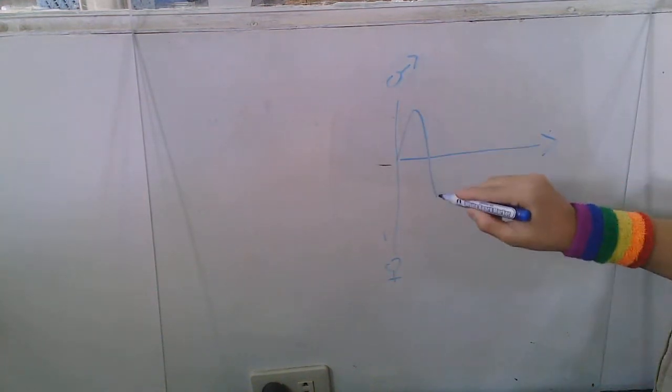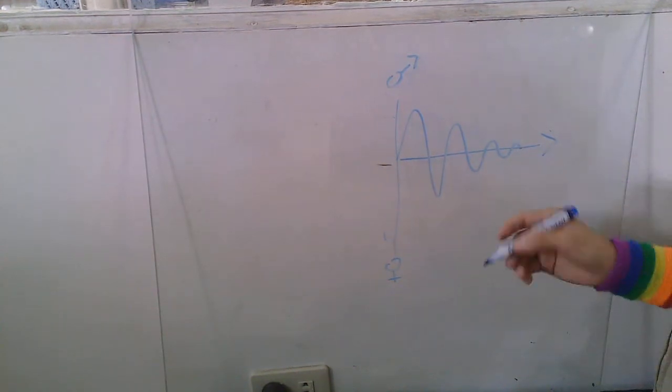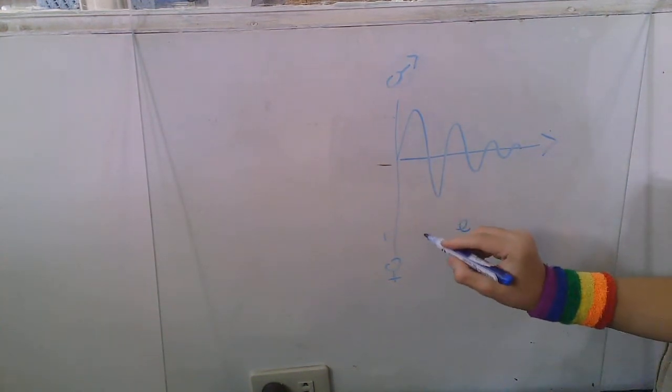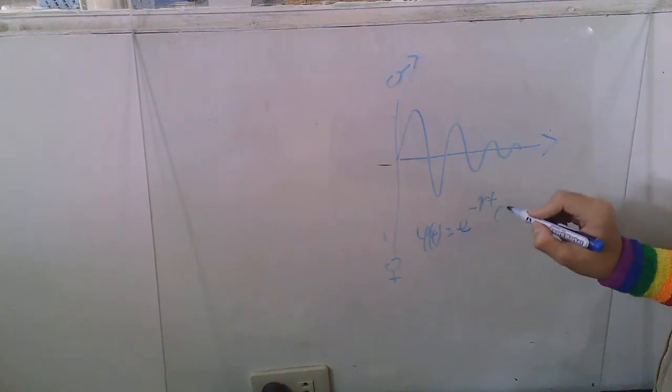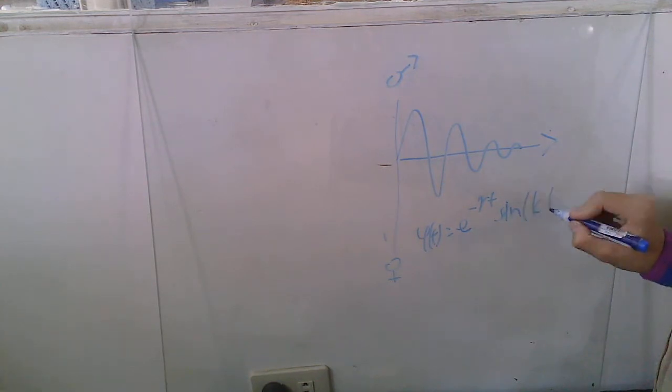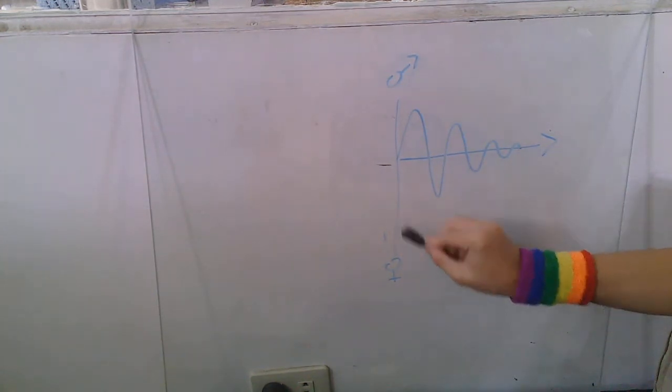So it goes like this, smaller, smaller, smaller. And this is described by the function v of t equals e to the negative gamma t sine kt. Smaller and smaller, but moving past the actual solution to the equation that I haven't even discussed yet.